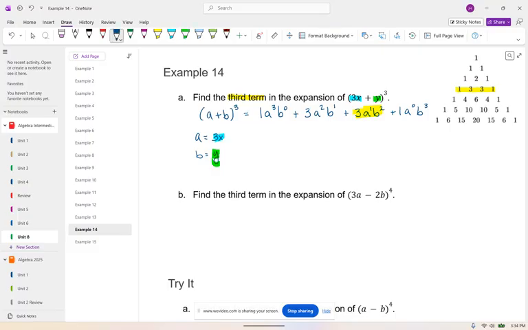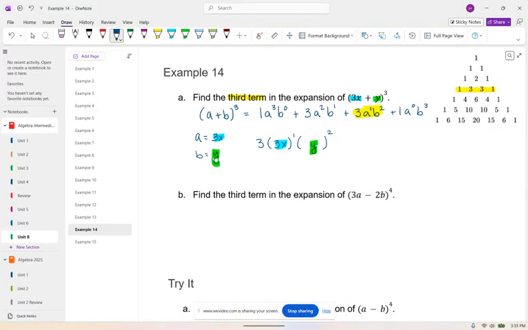So that third term is going to be 3, and we're going to have parentheses raised to the first, and then parentheses squared. We'll put a into the first parentheses, and that's going to be our 3x. And then we'll put b into the second parentheses, and that's going to be our y. Now all we have to do is simplify.